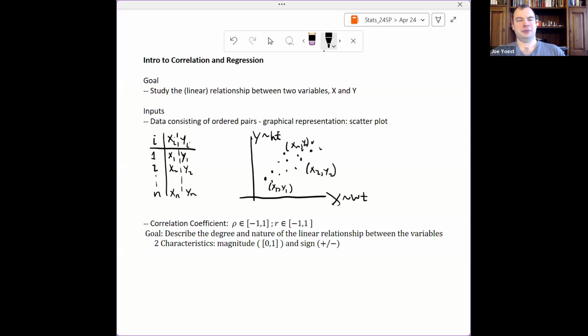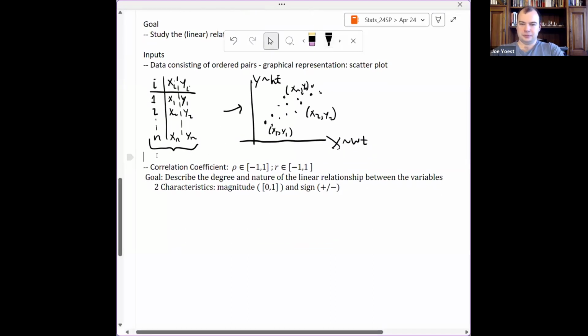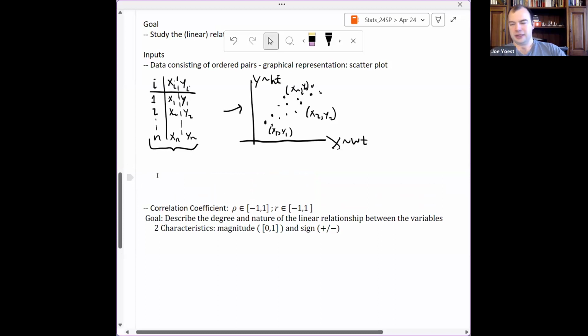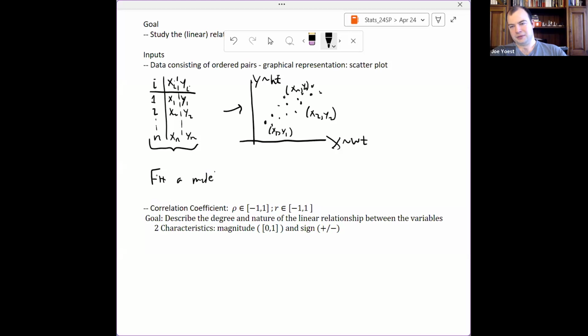It gets me a two-dimensional representation of this data that relates the variables x and y. So this is what my data set will look like: either a list like that or graphically like a scatter plot like I have over here. My end goal is to fit a model.